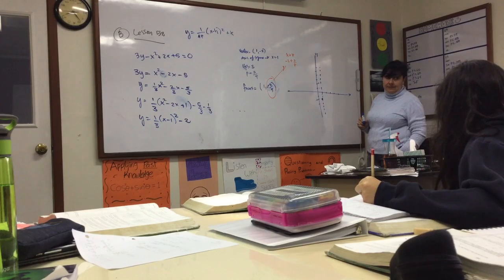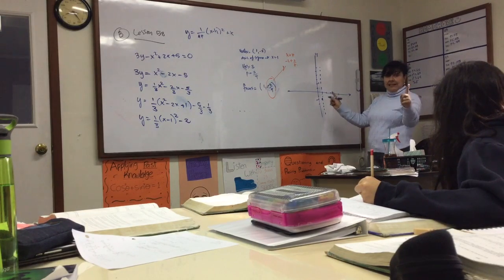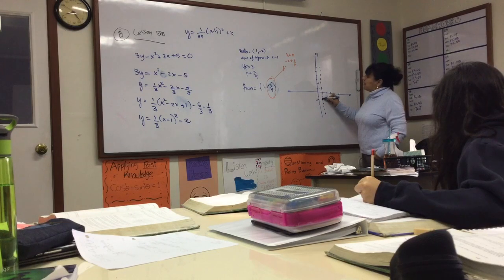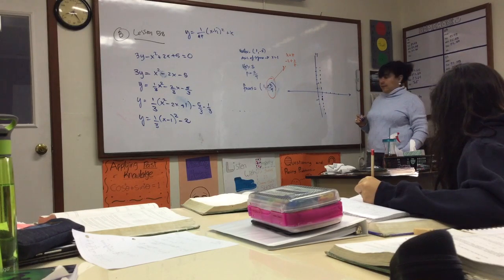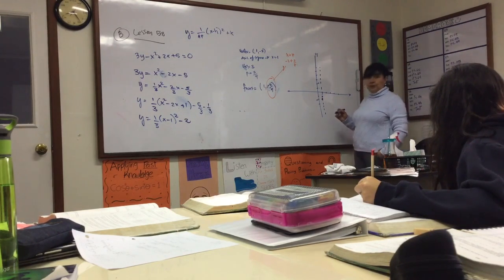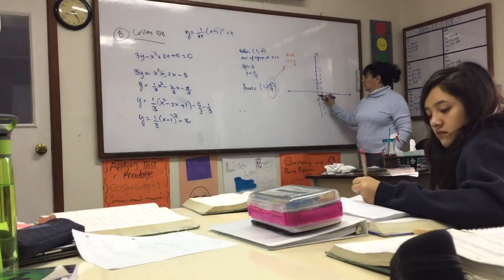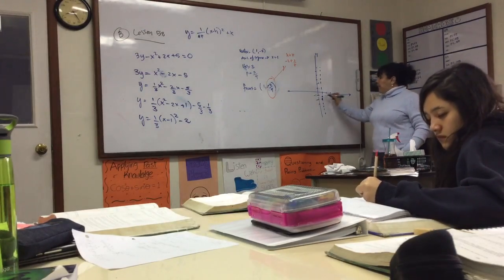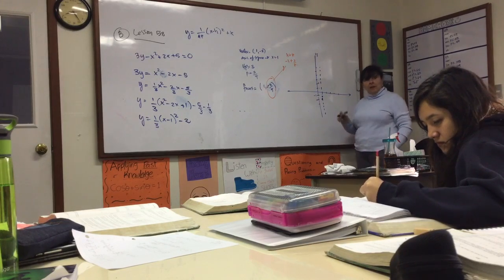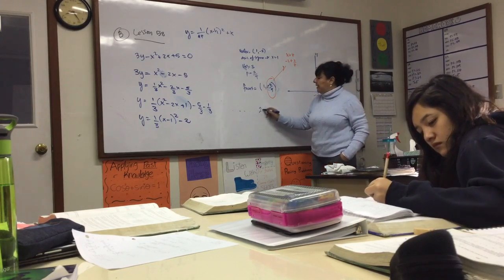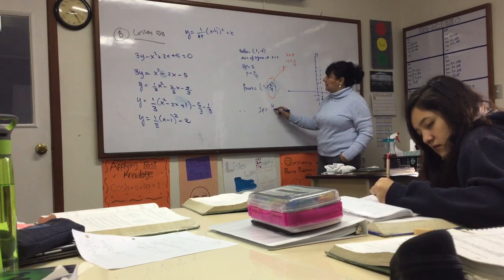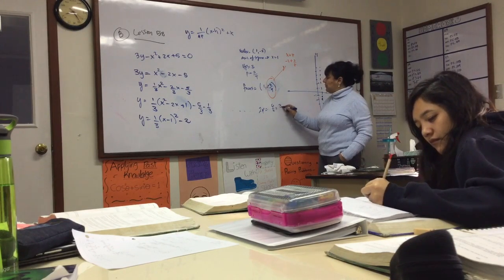Now I need the focus, because it's from the focus that I need the two p's. So the focus is going to be 1, minus 5/4. This is minus 2. This is a little bit under here, right? Because it's not exactly at 1. It's a little under 1. Right? This is minus 1. And then from here, it's 2p on both sides. How much would 2p be? 2p would be 6/4, which is 3/2, which is 1.5.